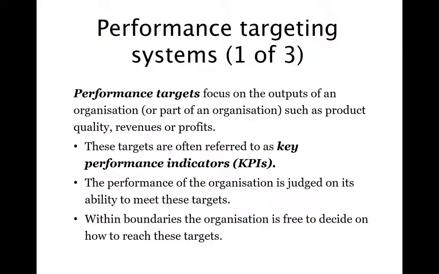Rather, we measure outputs by using so-called key performance indicators, KPIs. The performance is judged by the ability to meet the set targets. And then we leave freedom for the organization to decide how they operate, how they want to reach the targets.